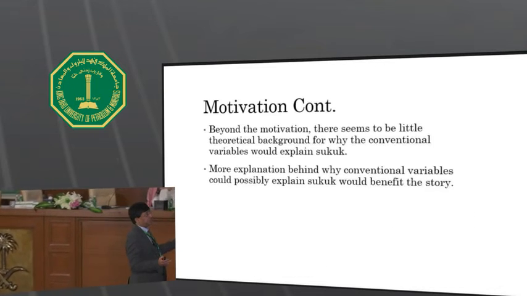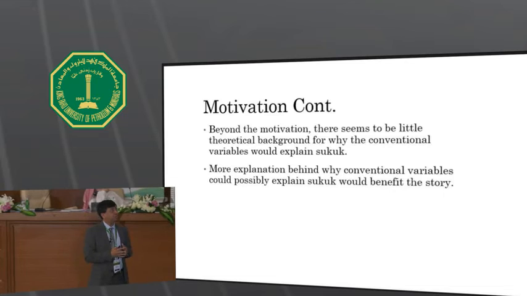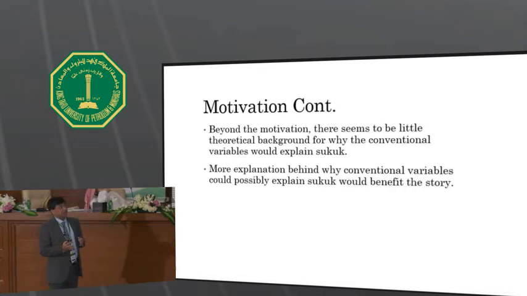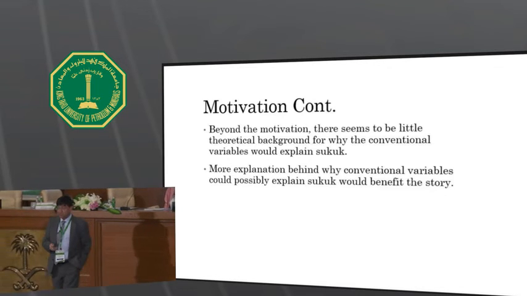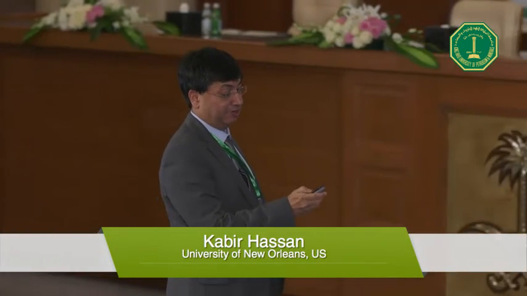Beyond the motivation, there seems to be little theoretical background for why the conventional variables would explain sukuk. More explanation behind why conventional variables could possibly explain sukuk would benefit the story. So we need a storyline here. We need a motivation, and in corporate finance, motivation and storytelling are important, and you have done this before.